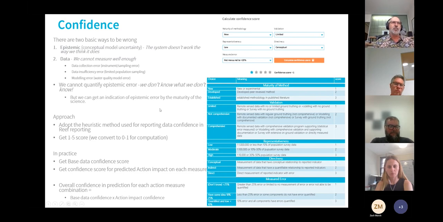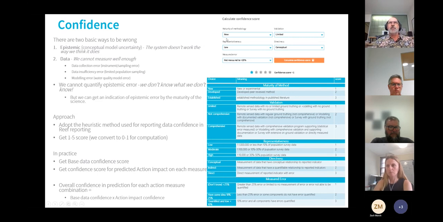So the approach that we have applied in Reefonomics, and we think is appropriate to apply here, is effectively this 5-point sort of heuristic method to represent confidence in the underlying data, the base data, the predicted method, and also in the estimation of the cost of implementing these actions.